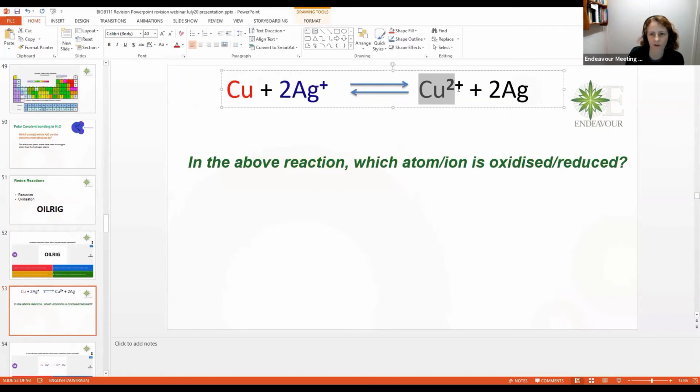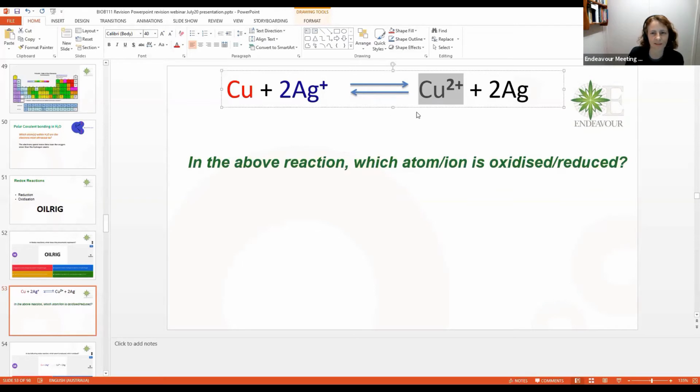plus. So if it's going to 2 plus, is it gaining electrons or losing electrons to become 2 plus? Losing. Yep. Does everyone agree that it's had to lose electrons to become 2 plus?